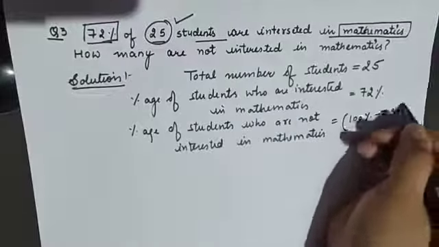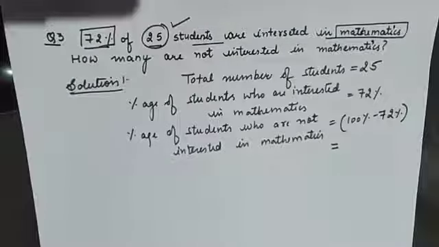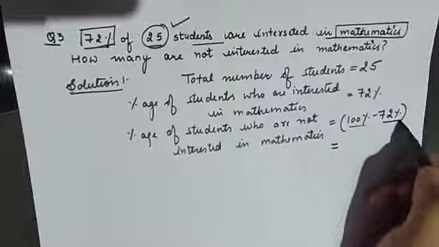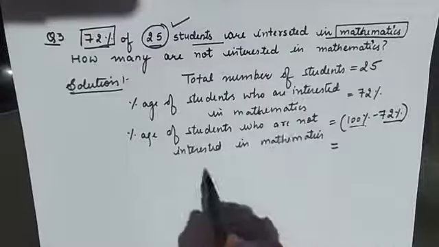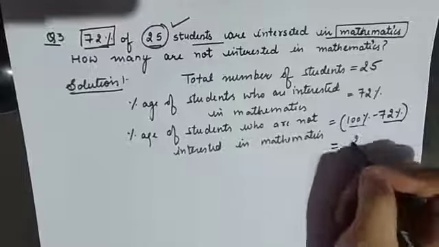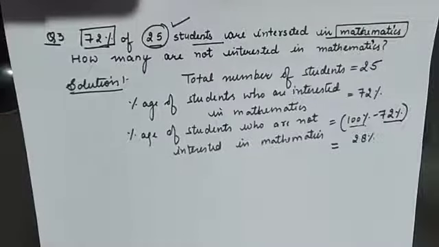Students, as you know, the maximum percentage will be 100%. So I hope it is clear to you that the total number of students will be 100%, and if you subtract the percentage of students who are interested in mathematics, you will get the percentage of students who are not interested in mathematics. So 100 minus 72 will be 28%. So 28% of students are not interested in mathematics.